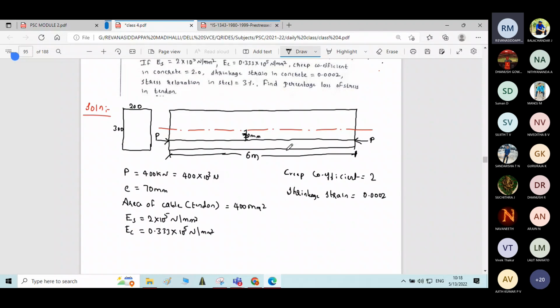Relaxation of stress in steel is given as 3%. Find the percentage of loss of stress in each tendon. Okay, that is the question.